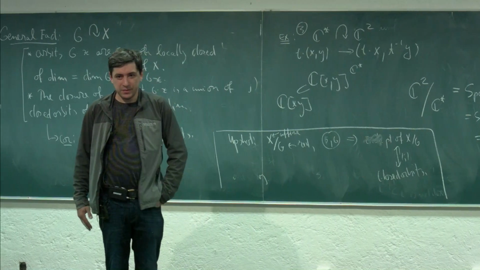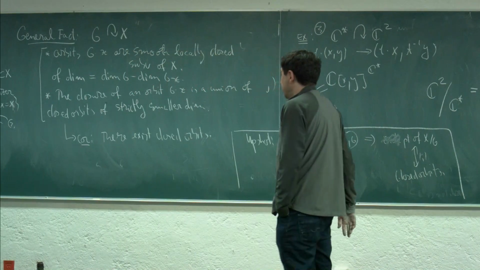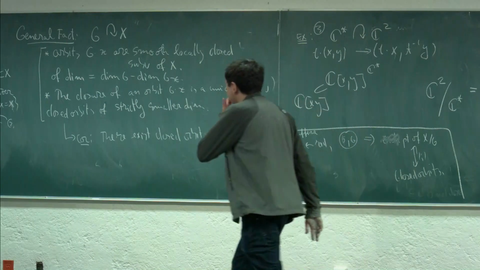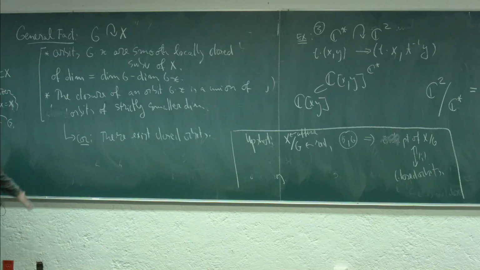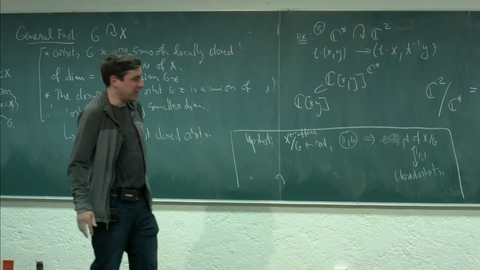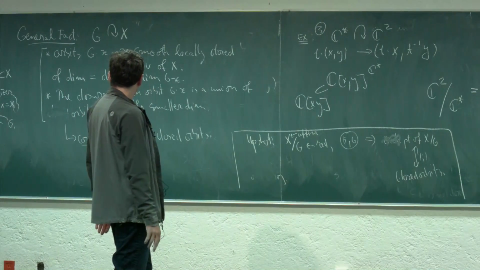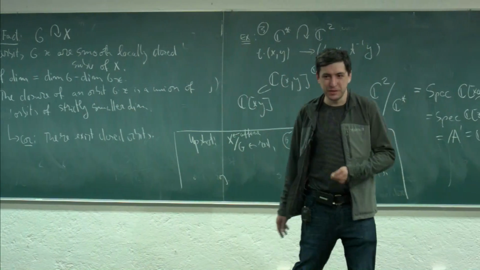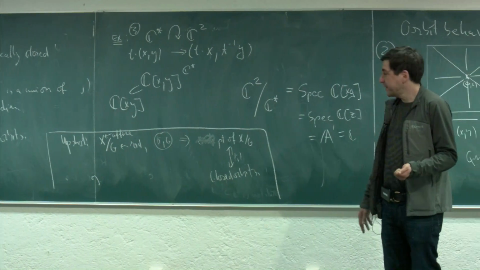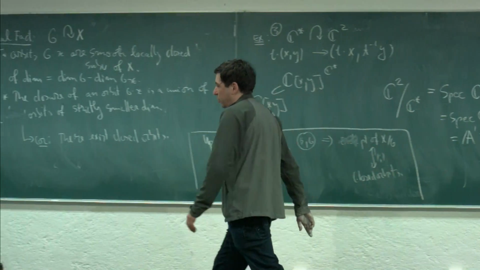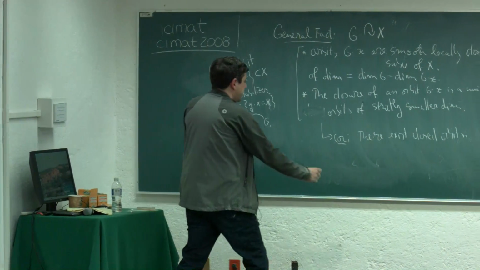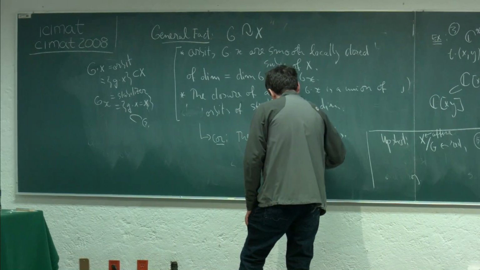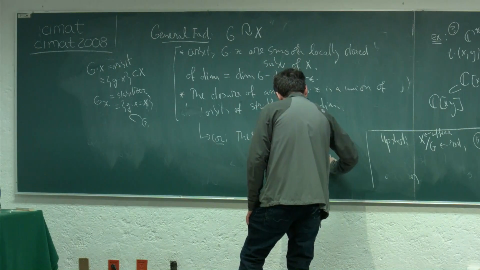I don't understand the second condition. Is the closure the union of the closed orbits? Yeah. Okay, you are right. It is a union of smaller orbits, and in particular, there exist closed orbits, and there will be exactly one in each orbit closure.